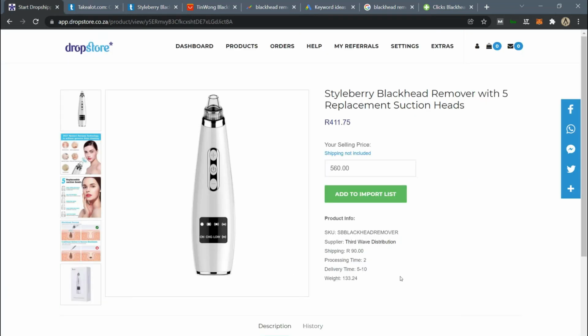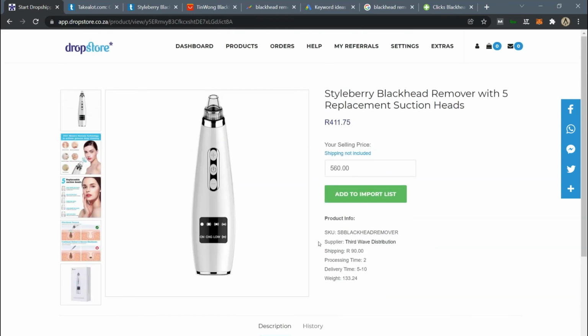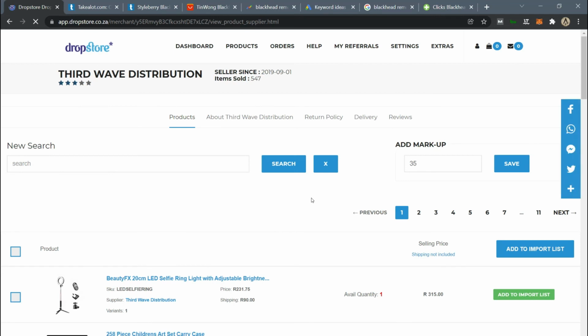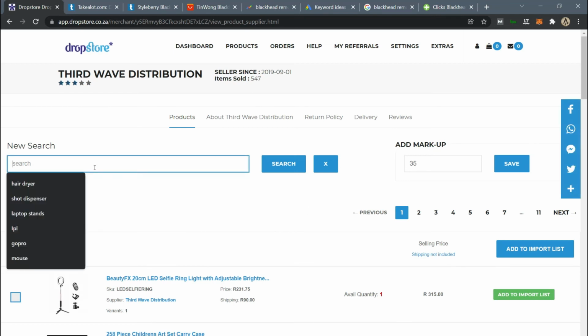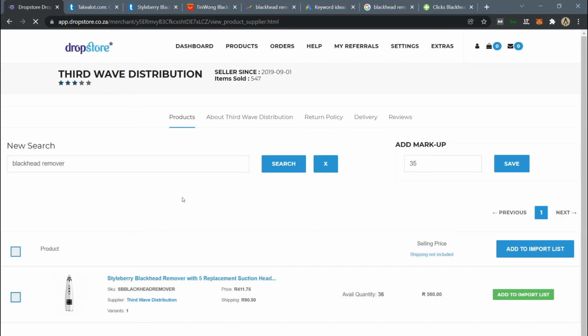Lastly, you also have to make sure you can get it through third-party distribution. This is the supplier of this product, and let's look here quickly. Let's see if we can find the same product here. We do actually.